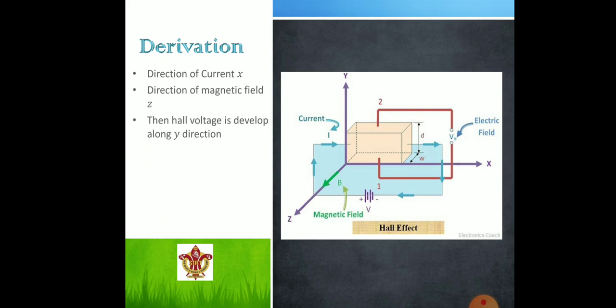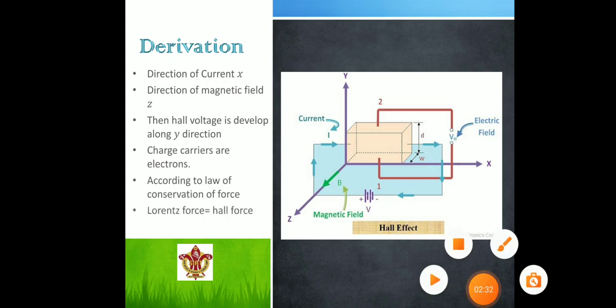The width of the specimen is W, the thickness of the specimen is D, and the length of the specimen is L. And the charge carriers which are flowing are the electrons.